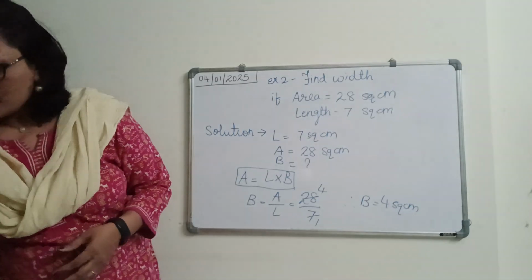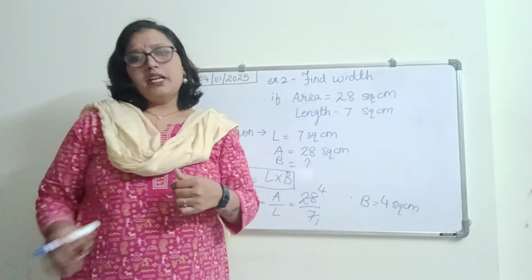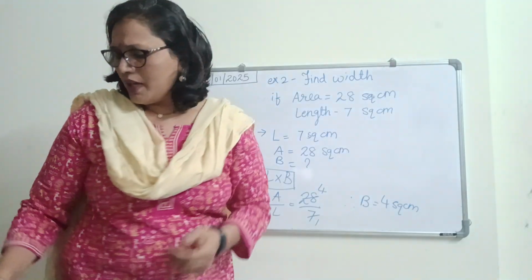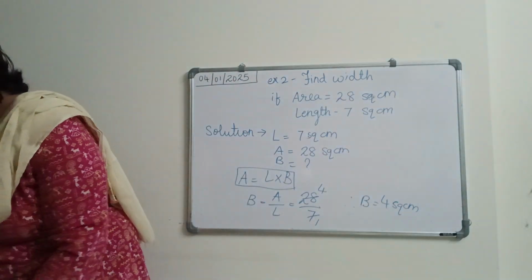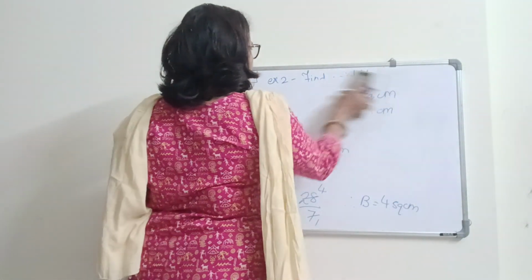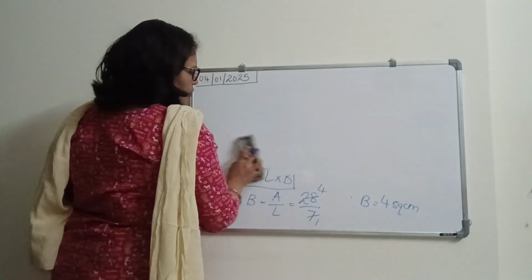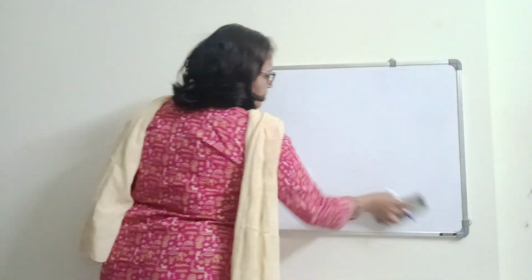That is, suppose the area of the shaded region is given. So sometimes in the garden or in the hall, suppose a hall is there. Some part of that hall is kept for the stage purpose.